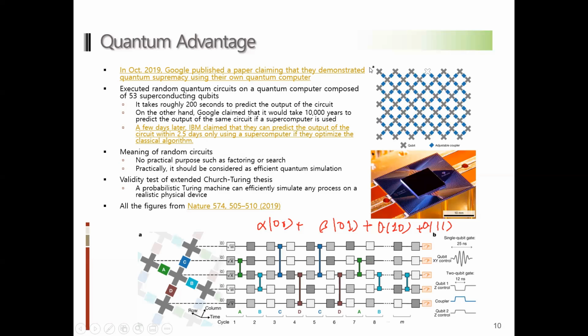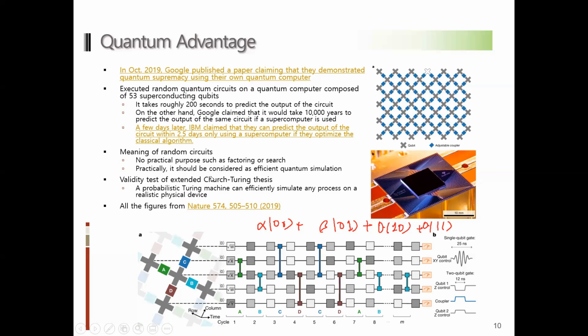But the point here is, because this is a random circuit, it has nothing to do with a quantum algorithm like factoring or Grover search. So this is kind of a waste of computing time if you are just trying to figure out the result of this kind of random circuit.